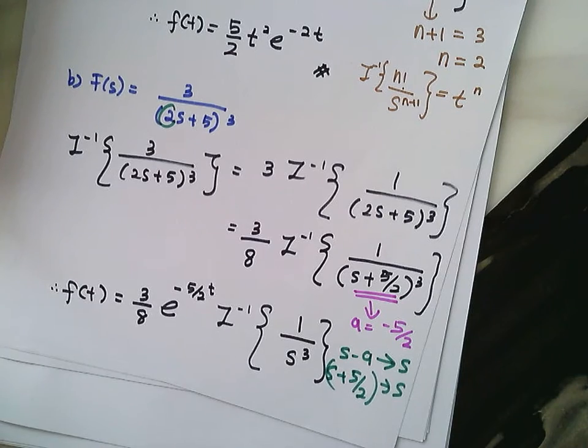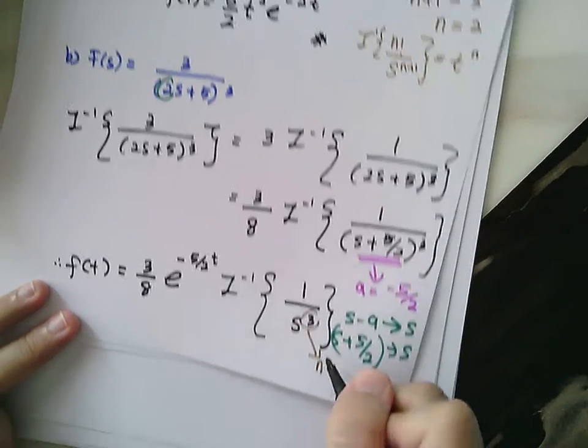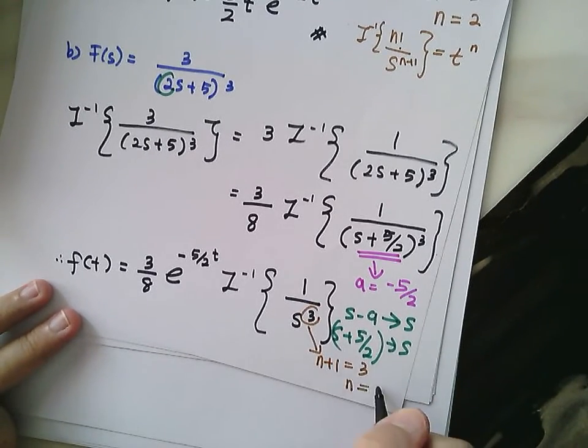Okay, so the same problem as before, this is s cubed, so for you to get t squared, your n is equal to 2. Okay, so again here n plus 1 is equal to 3, so your n is equal to 2.